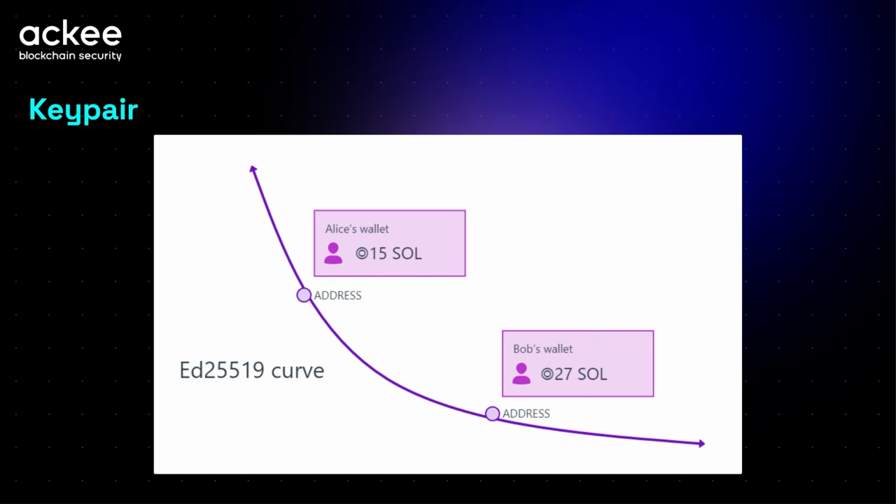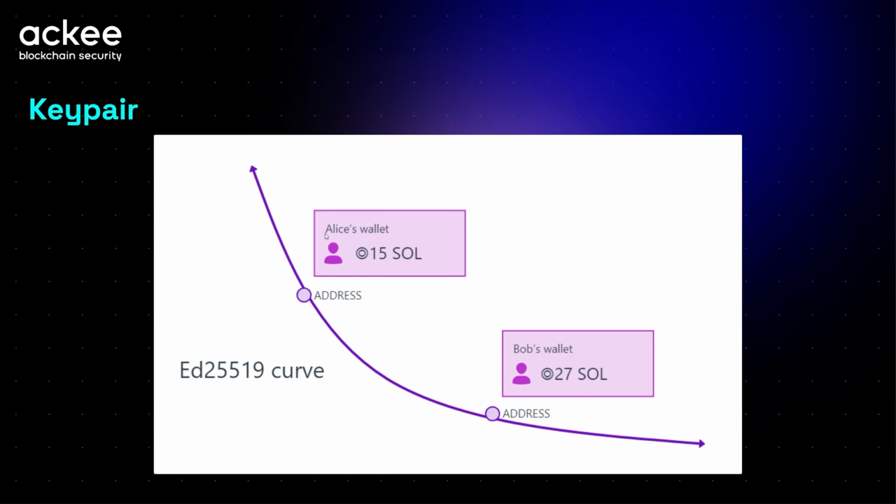So let's consider your regular Solana wallet where you hold the meme coins, where you hold the Solana. This wallet address has its corresponding private key, and this private key is used to derive the public key, and the public key then lands on this curve.